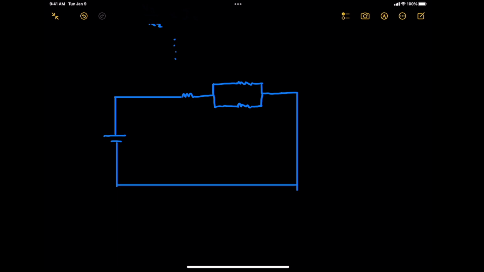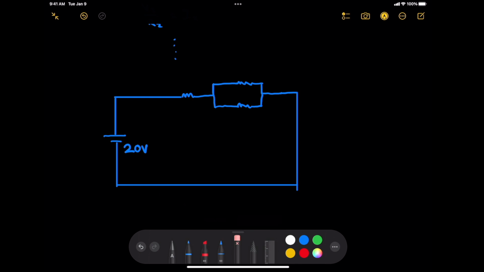So we have a 20 volt source, 20 volts. The current is going to be 2.2 amps. So let's make a little ammeter right here. And it reads 2.02 amps.